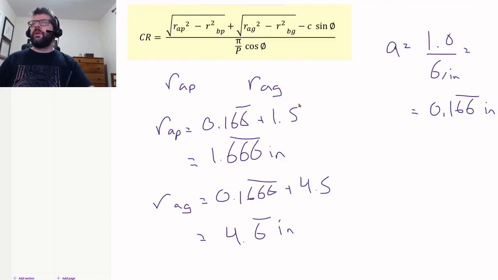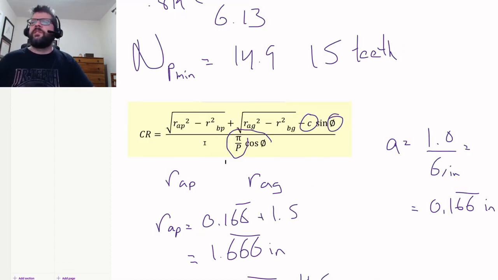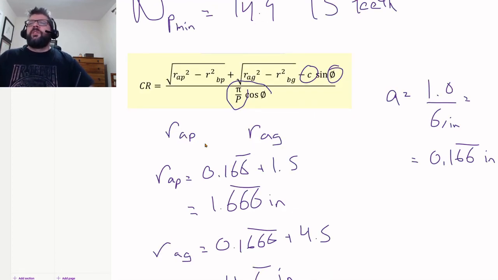The C value that we got, that's 6. That value there is 20 degrees. Our pitch is 6 per inch. So we need to find out what the radius of the base circle is.